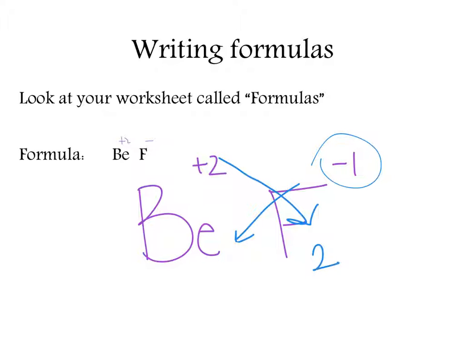So what you're left with is BeF2. On your paper, all you're going to do is add a little 2 right there behind the F. So we have BeF2 to show that I've got 2 F minuses to cancel out my plus 2 on Be.